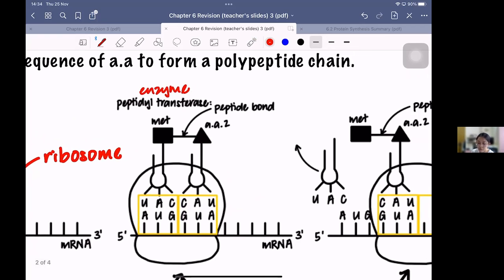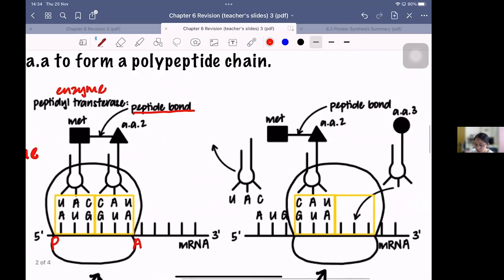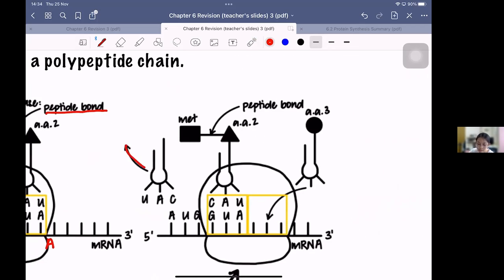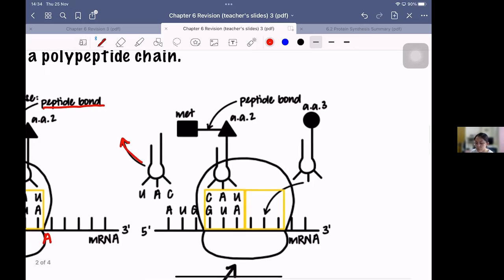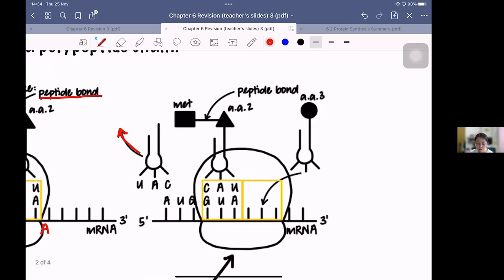After the formation of the peptide bond, the tRNA in the P site leaves the ribosome to pick up another amino acid.